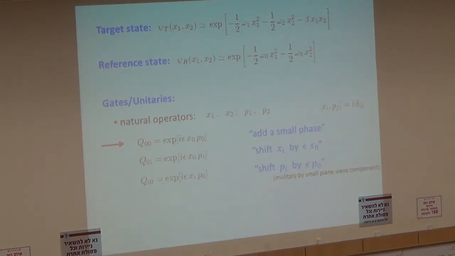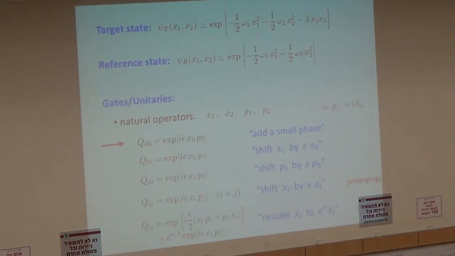What I'm doing with a p_i is shifting, the gate shifts x_i by a small c-number, epsilon times x naught. Similarly, when I've got an x_i, in some sense I'm shifting the momentum by an epsilon p naught. Since I'm working in position space, all I'm really doing is multiplying by a small plane wave component into the wave function.